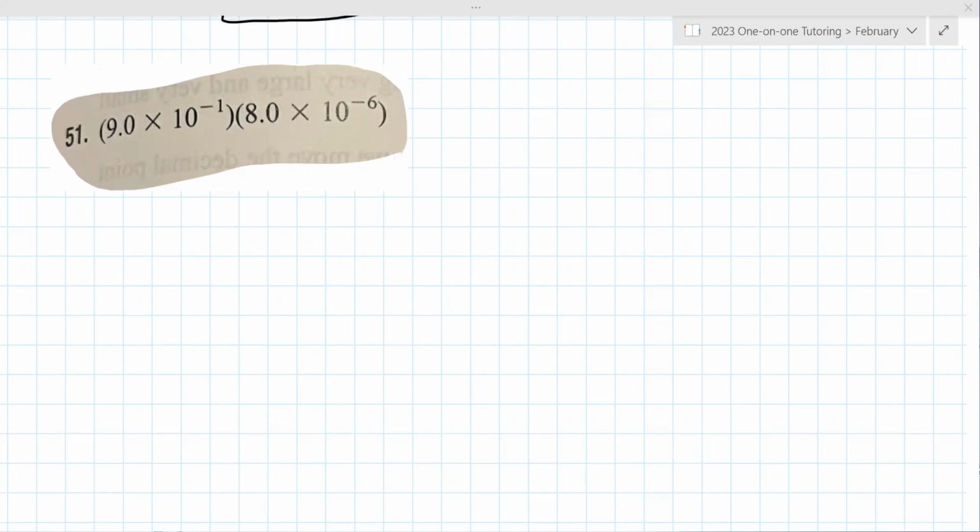And that would be 7.2 times 10 to the -6 power, 7.2 times 10 to what power? -6. Yes, very good. Why don't you try the last one, 52?